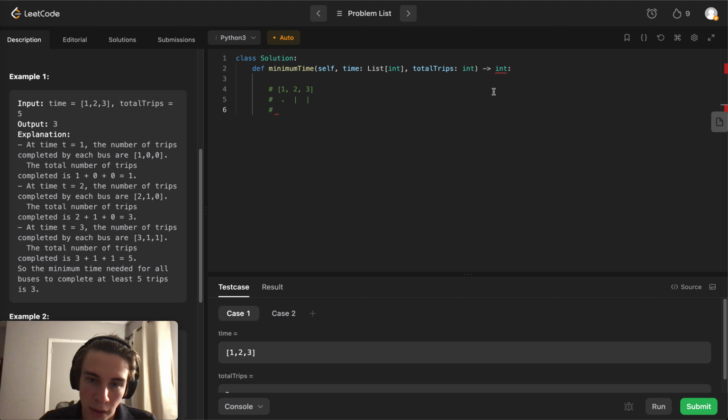So at T1, at T2, we have 1, 2, 0. At T3, we have 1 completed. And at this point, we can see that we have 1, 2, 3, 4, 5 dots.